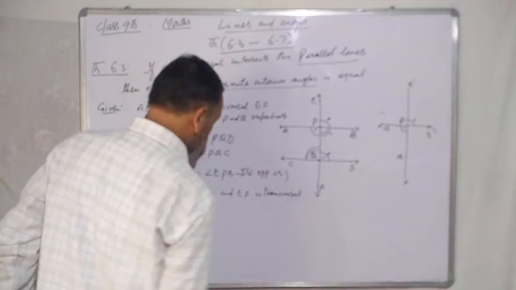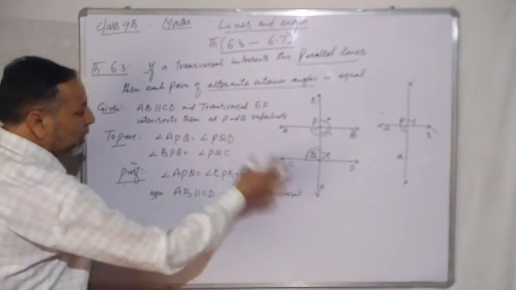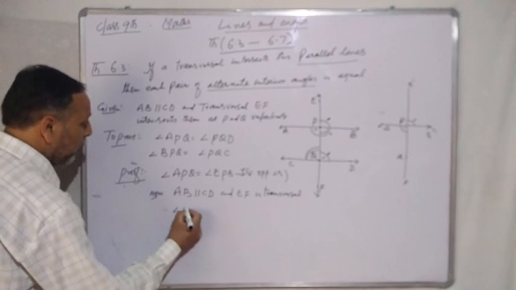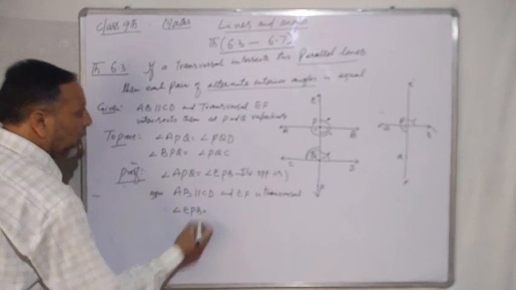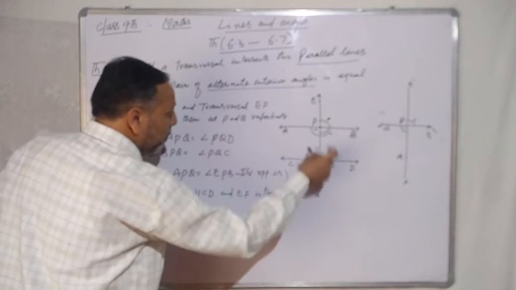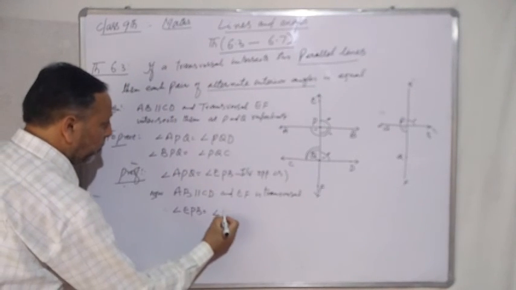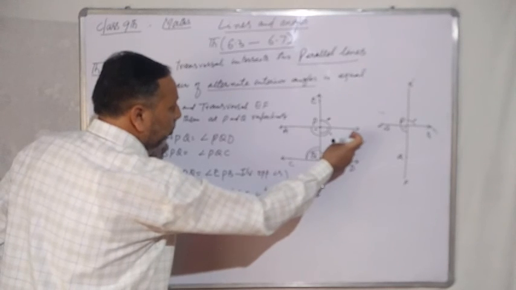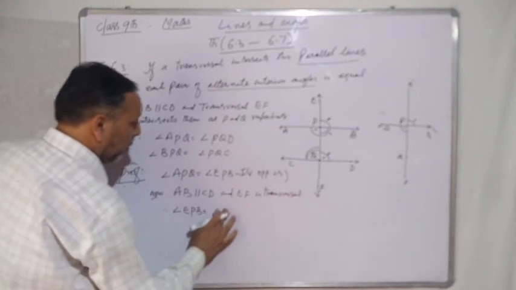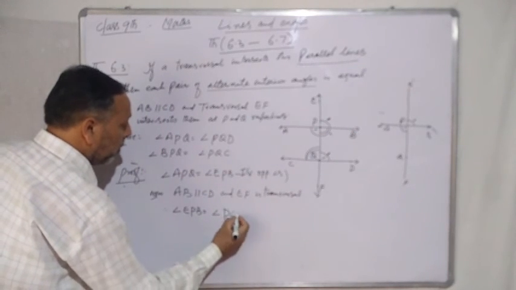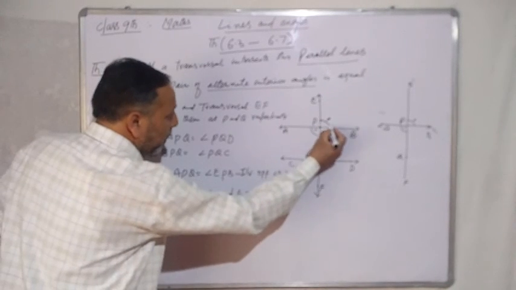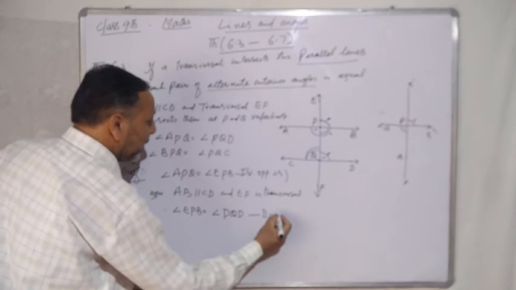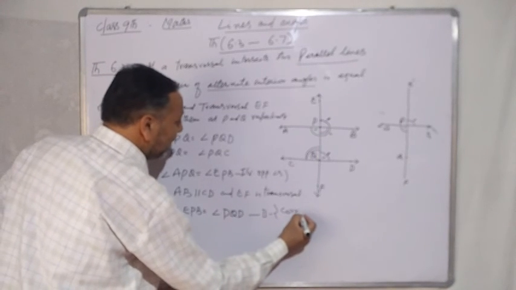Therefore, we have angle EPB equal to angle PQD. Keep this equation second.